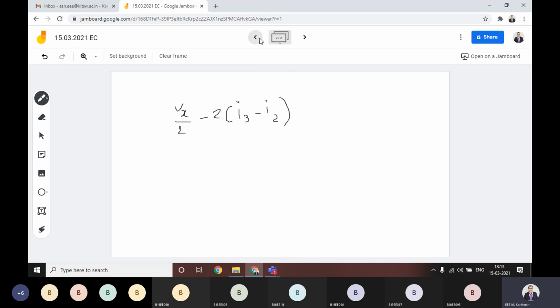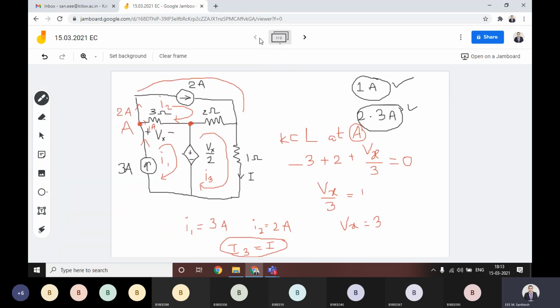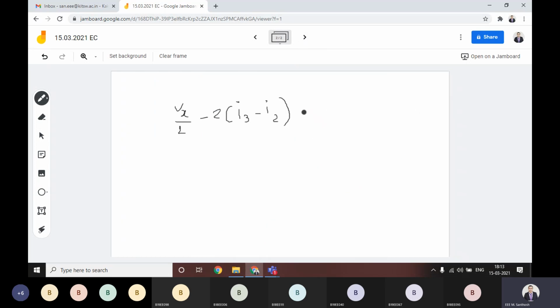Then what do we have? 1 ohm. 1 ohm into I, that is 1 into I, which is equal to 0. The algebraic sum of voltages inside a loop is equal to 0. This is actually the KVL that we have defined.